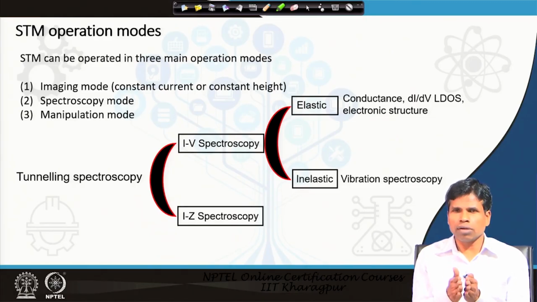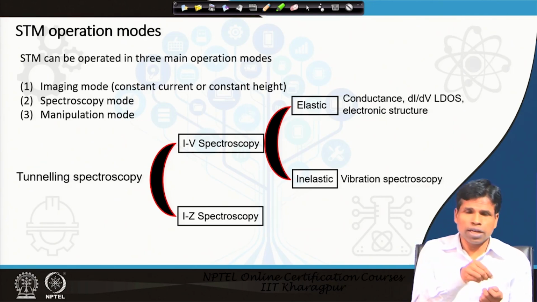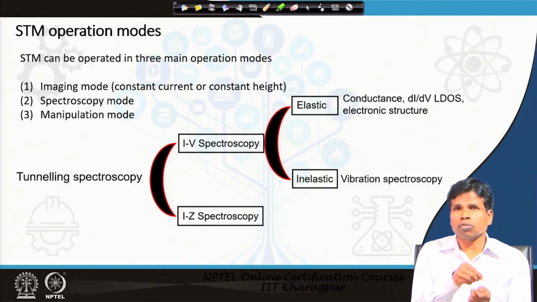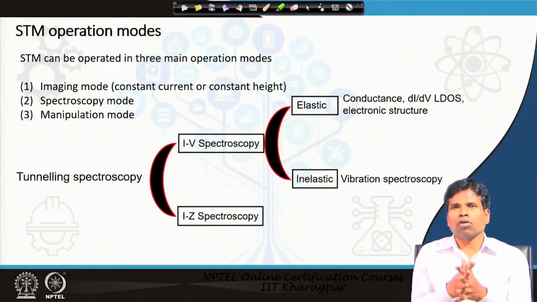The gap may be air, vacuum, or some object, like a very thin oxide layer, or a molecule between the tip and sample, because I can bring one molecule onto my tip and touch it to the surface, and then that molecule will be between the tip and the surface. This can all be done.